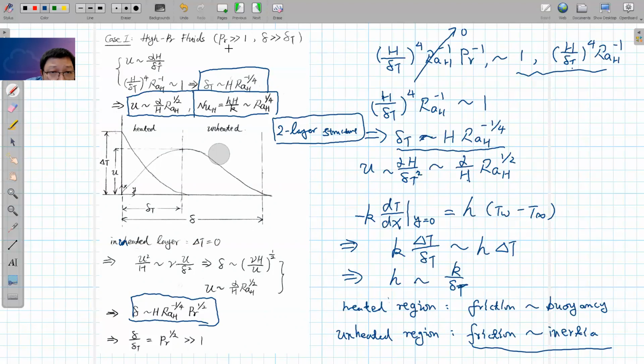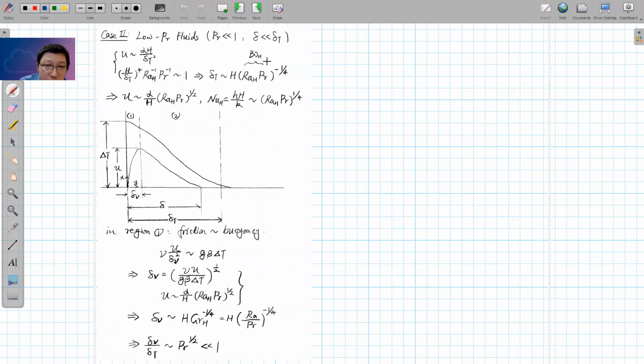So this is the case when the Prandtl number is much larger than 1. Now for the low Prandtl number cases, when the Prandtl number is much smaller than 1, we know from laminar boundary layer theory that Prandtl number is mu over alpha. So a much smaller Prandtl number means the viscosity is very small, so the velocity boundary layer will be small.